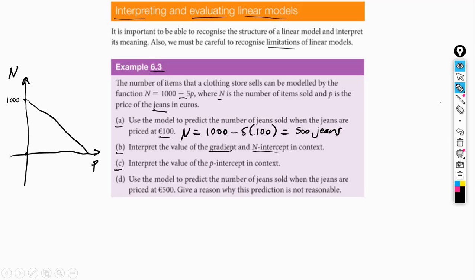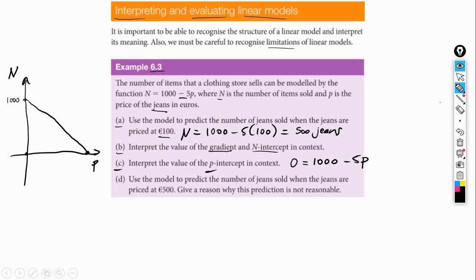For part C, it says, interpret the value of the p-intercept in context. So the p-intercept would be this point here. That means that n would be 0. So we need to find the value of p that would make n equal to 0. So we say 0 is equal to 1,000 minus 5 times p.